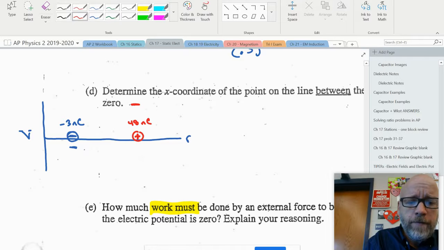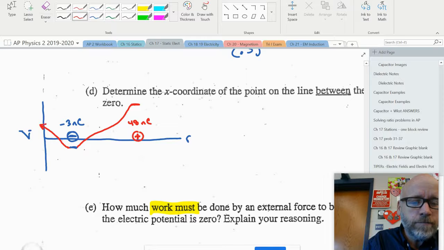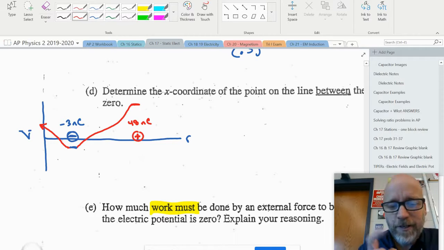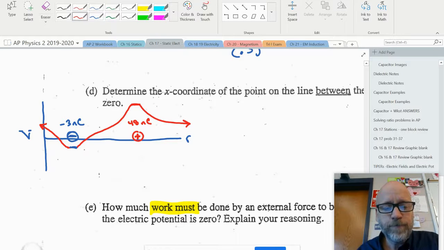So at some point, that line is going to curl down and cross. And then here's the kicker. It's actually going to come back over again because that 48 nanocoulomb is so much stronger. Over on this side, it'll never cross the x-axis.